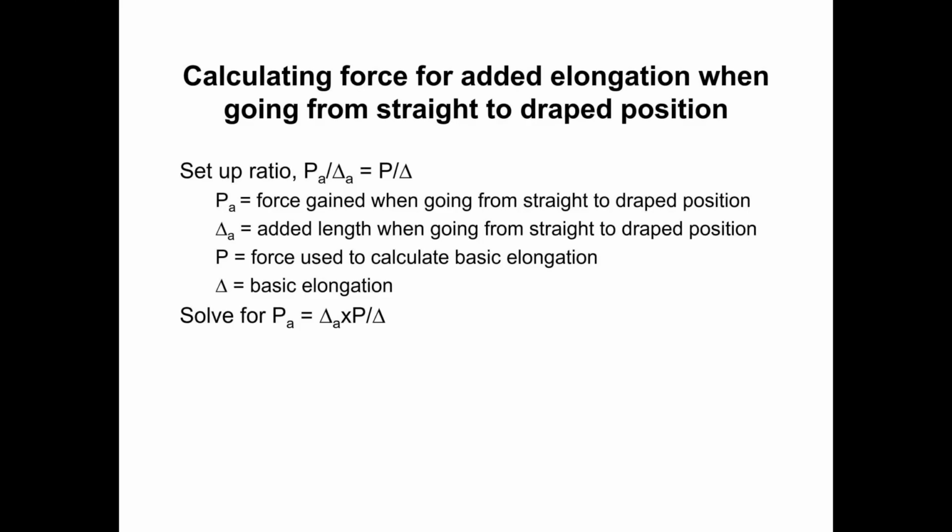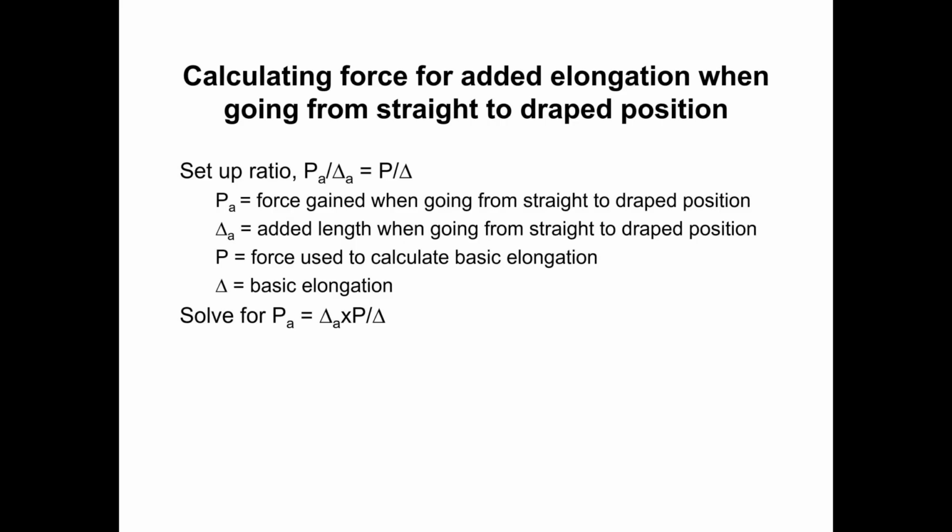Our added force divided by our added elongation is proportionally equal to our applied force divided by our elongation. Okay, so PA is the force that's gained when we go from the straight to the draped position. Delta A is the added length when going from the straight to the draped position. P is the force used to calculate our basic elongation, and delta is just our basic elongation.